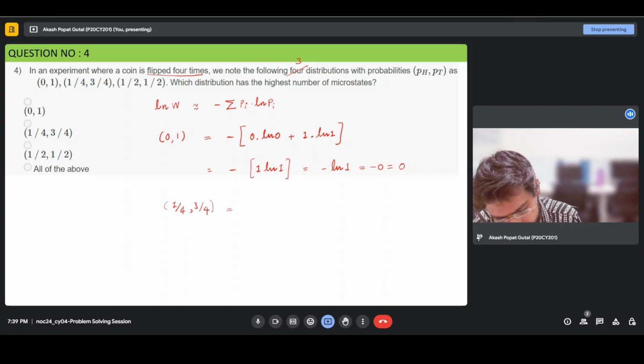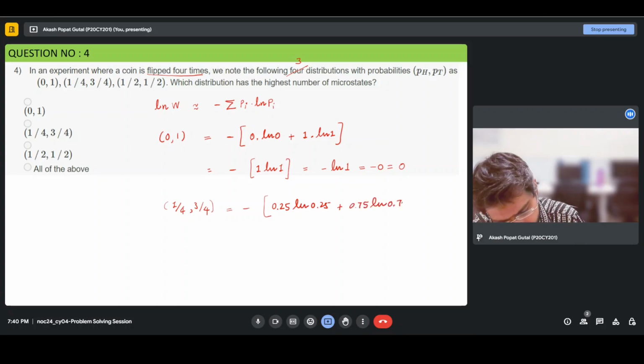And the second system we can write as 1 by 4, which in decimal form is 0.25, and 3 by 4 is 0.75.